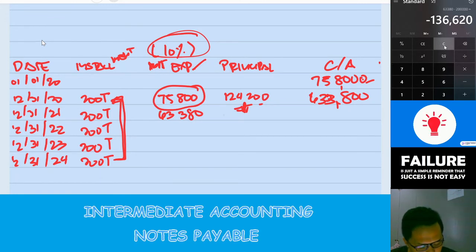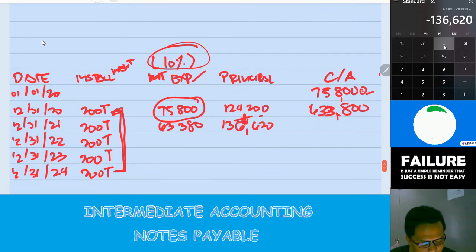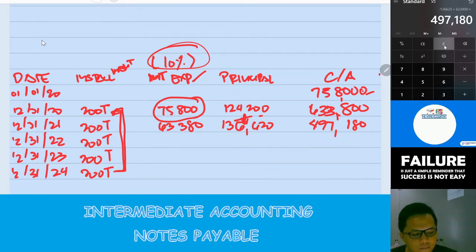So we only have 136,620 plus 6 minus 633,800. So that would be 497,180. Carrying amount as of December 31, 2021.